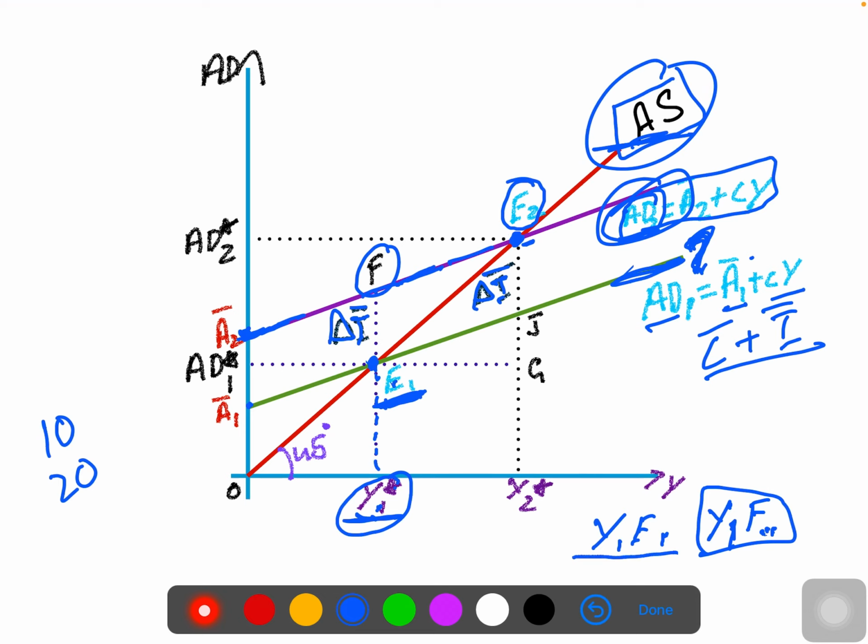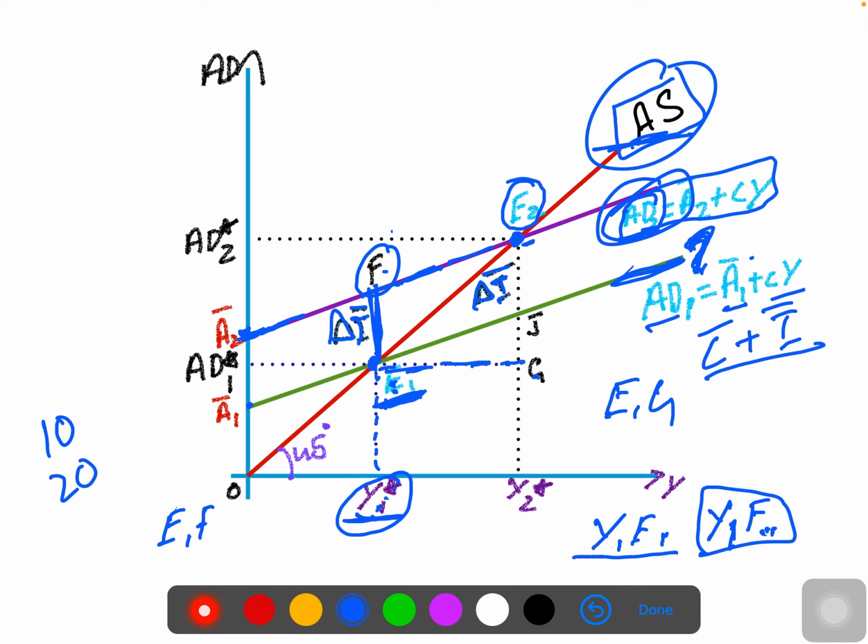After this, when we shifted upward, you have to see how much the aggregate demand increased: E1G. The aggregate demand increased from E1 to G, which is equal to E2G. Can you see? They are both equal, this and this.